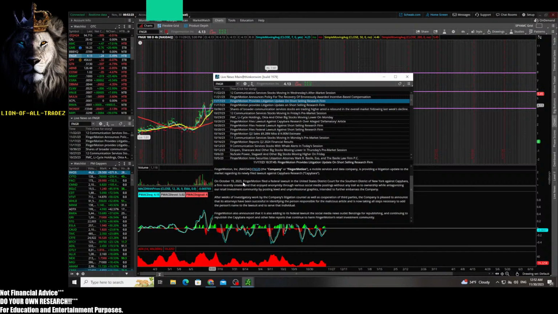On the 19th of October, Finger Motion filed a federal lawsuit in the United States District Court for the Southern District of New York against Capybara, a firm recently created and that enjoyed an anonymity through various social media postings without any trail as to ownership, while antagonizing our retail investment community by posting lewd and unprofessional graphics intended to further embarrass the company. Oh, that's horrible.